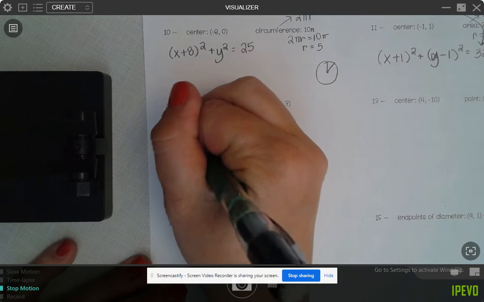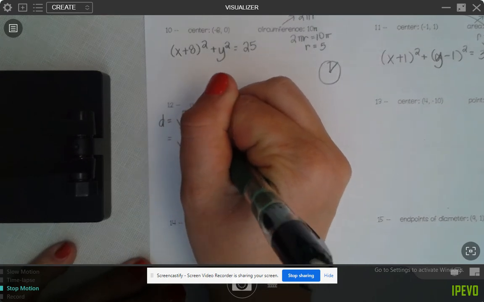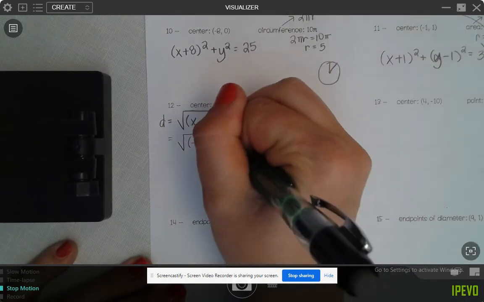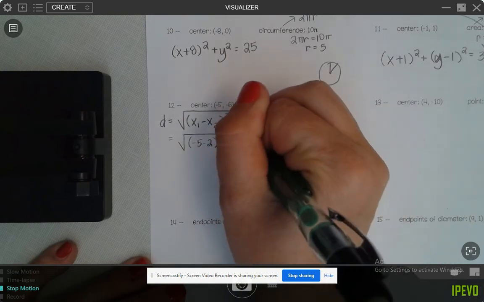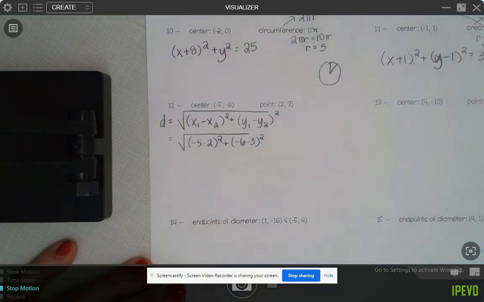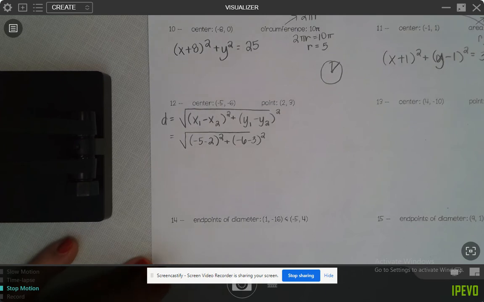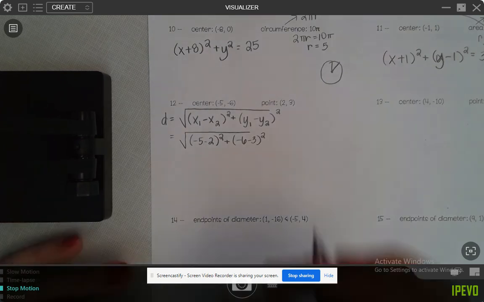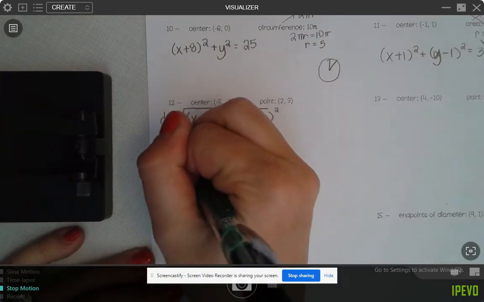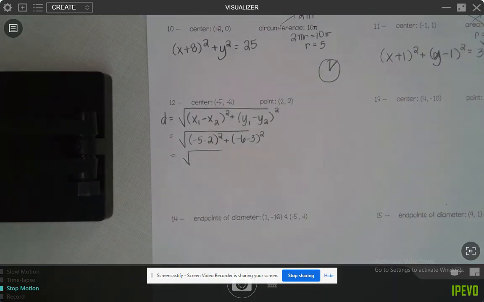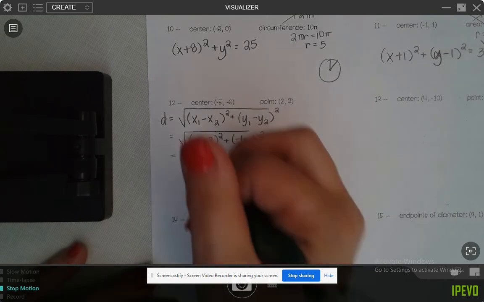So it's going to be negative 5 minus 2 squared plus negative 6 minus 3 squared. Negative 5 minus 2 is what? It's negative 7. Negative 7 squared is? Courtney, tell them what negative 7 squared is. 49.